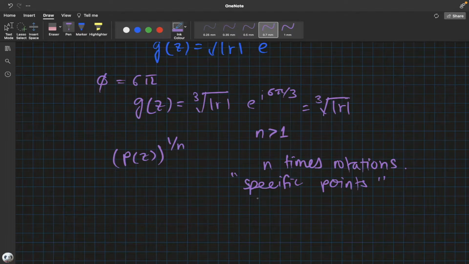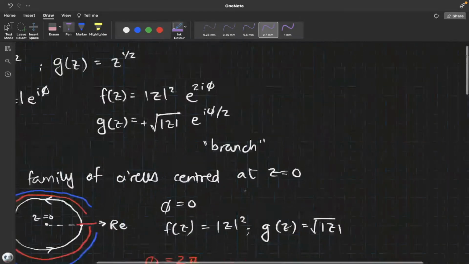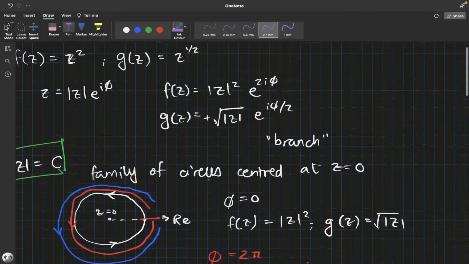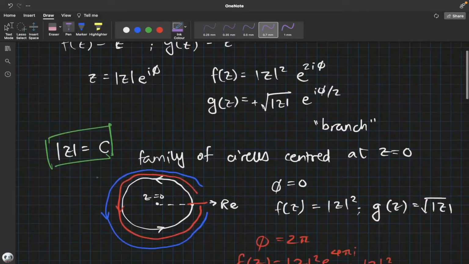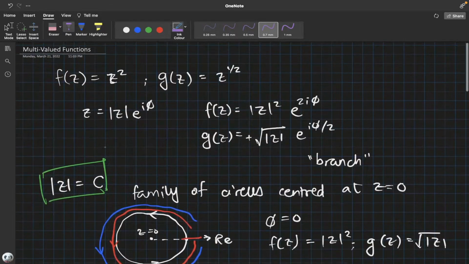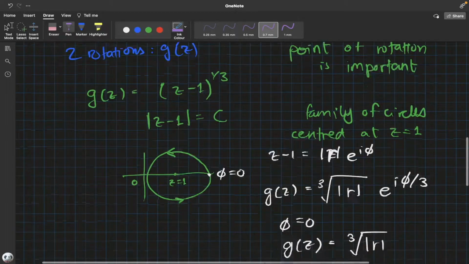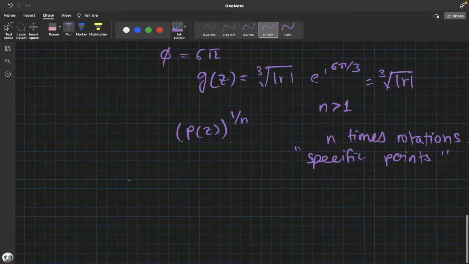And if you have a clever eye, notice the points we pick. We picked the point z equals 0, such that the inside was a root. We have a root here at z equals 1. So the specific points are the roots of p of z. And notice the number of rotations we take is also the number of distinct values.